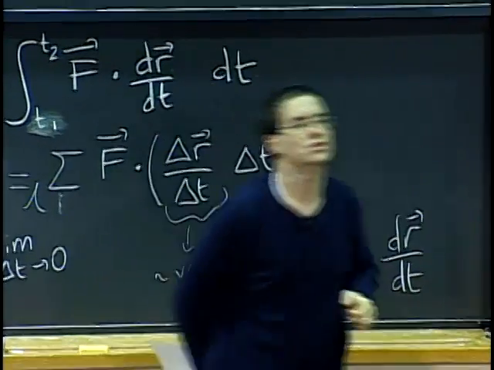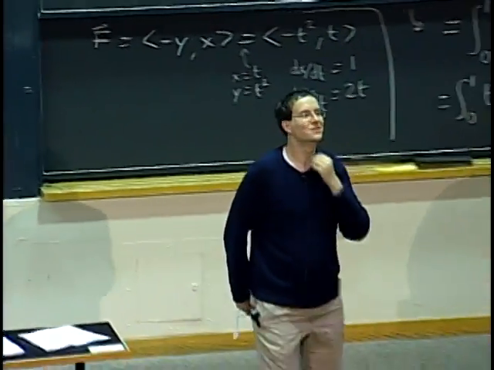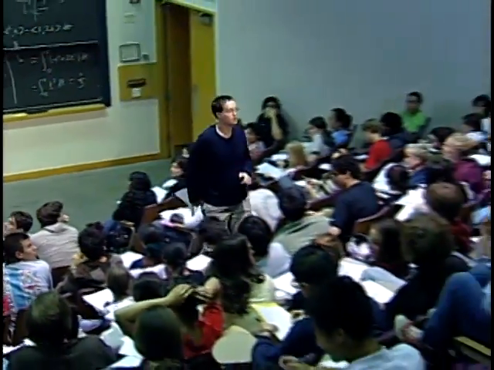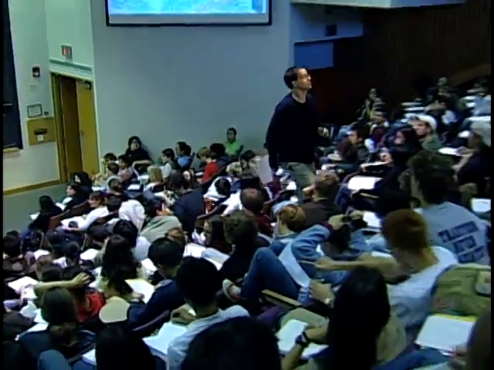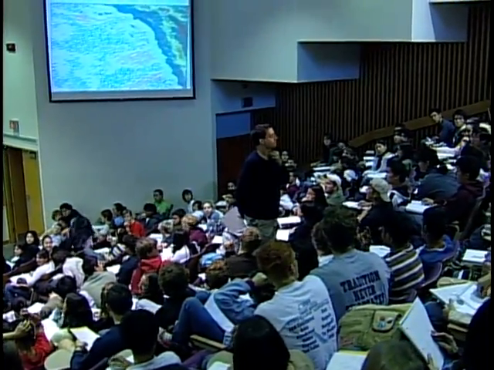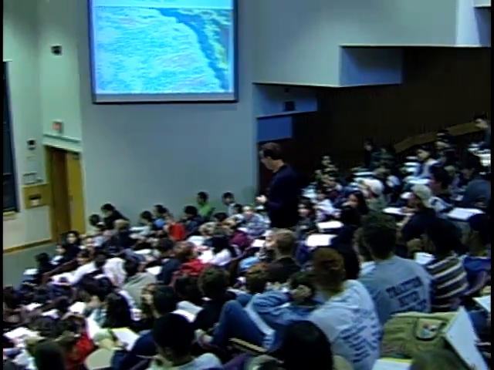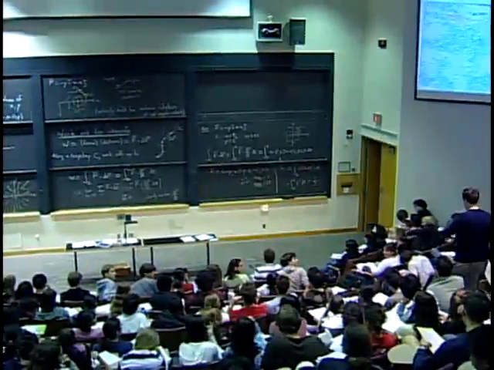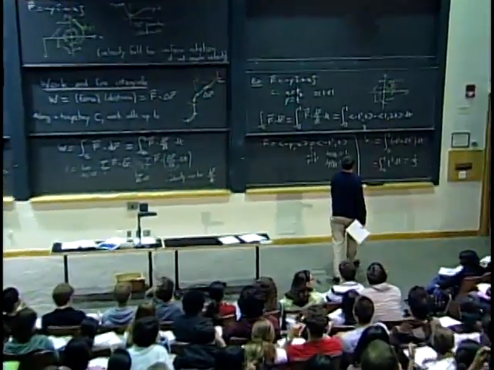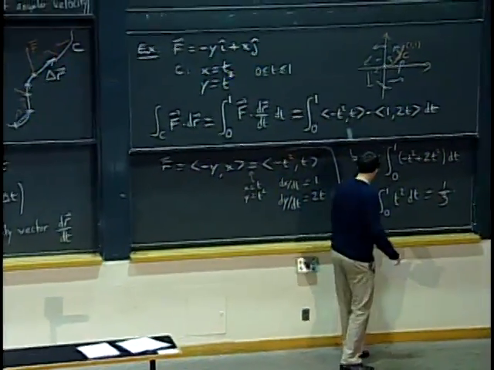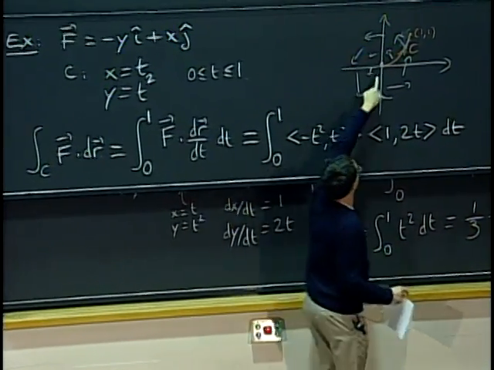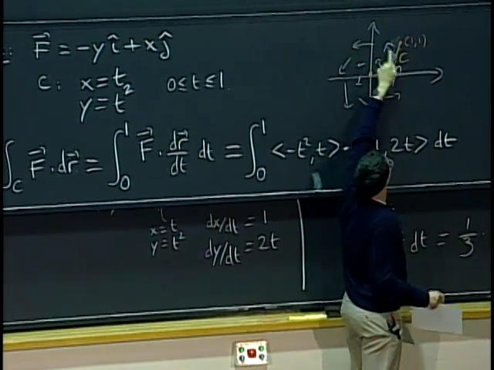Oh, yes, sorry. I can't see people up there because of the spotlights. The question is, if I took a different trajectory from the origin to the point (1, 1), what would happen? The answer is I would get something different. For example, say I chose to go like this and then around like that.